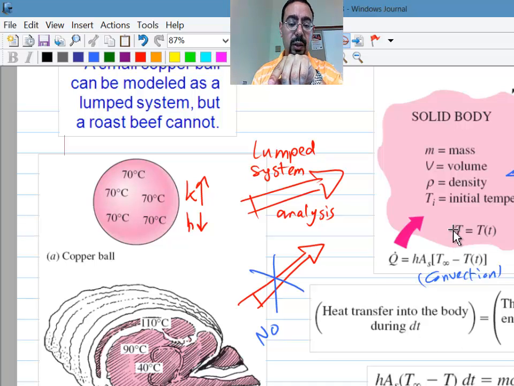So Q here on the outside is happening because of that convection: h area (T infinity minus T inside), right? This is if you manage to make that dream come true that the whole thing is just sitting at one temperature. And if we can say that this approximation works, the equation to track this is pretty easy. Basically, the Q coming in will increase the internal energy in here.